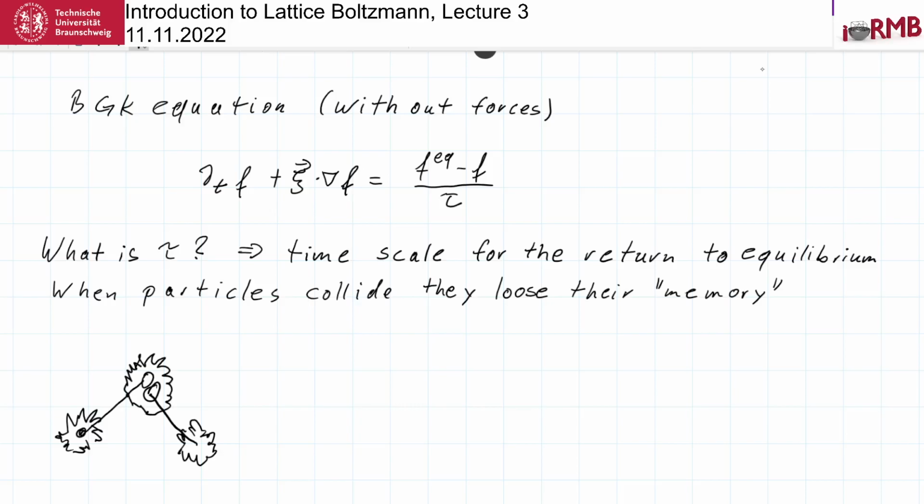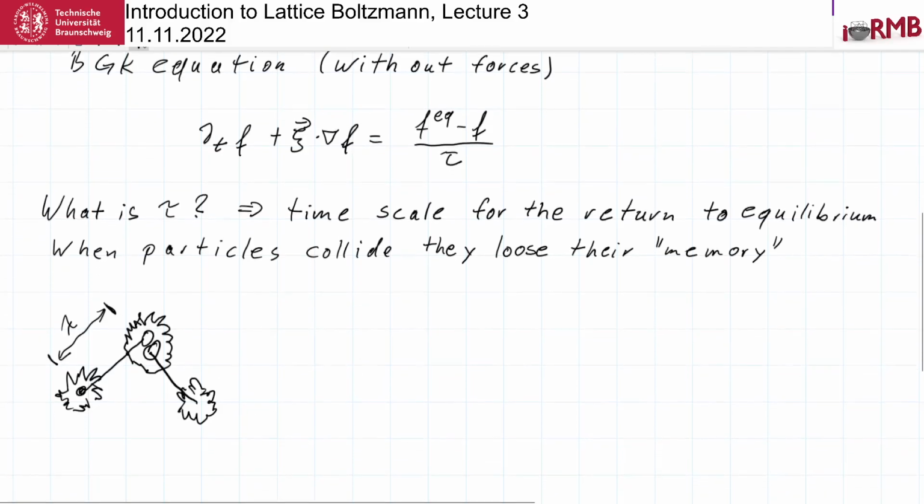So the important thing is that particles collide repeatedly, and what we need to know is the distance, lambda, that a particle travels between two collisions.